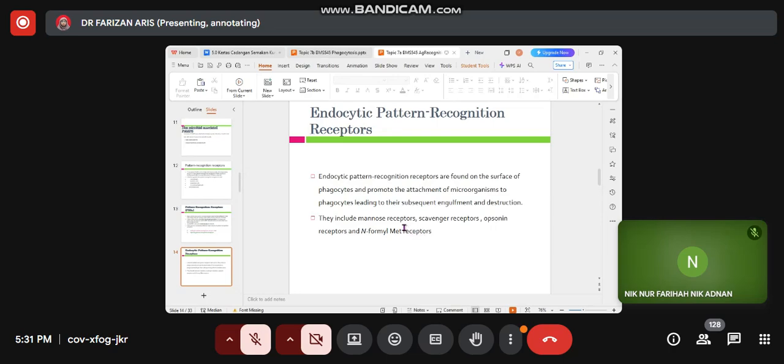So how do we memorize the receptors? It's basically referring to the surface of the PAMPs. So this receptor will bind on the mannose-rich sequence of the bacteria. Scavenger receptor is normally a common receptor present on the surface of phagocytes. Opsonin receptor is basically a receptor that can bind to the molecule opsonin, for example, a molecule secreted by the complement pathway.